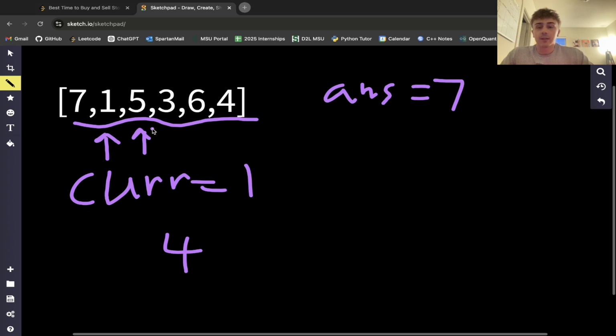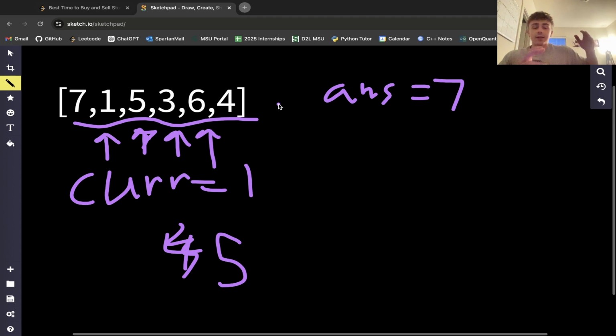Then if I didn't sell here, it's $4 here, and then I go to the next one, and I didn't gain any money, and then I go to the next one, and my profits are $5. So it's always optimal for me to sell immediately, in the theoretical sense of keeping track of the value, because I know that I will always realize the gains as I continue through the list.